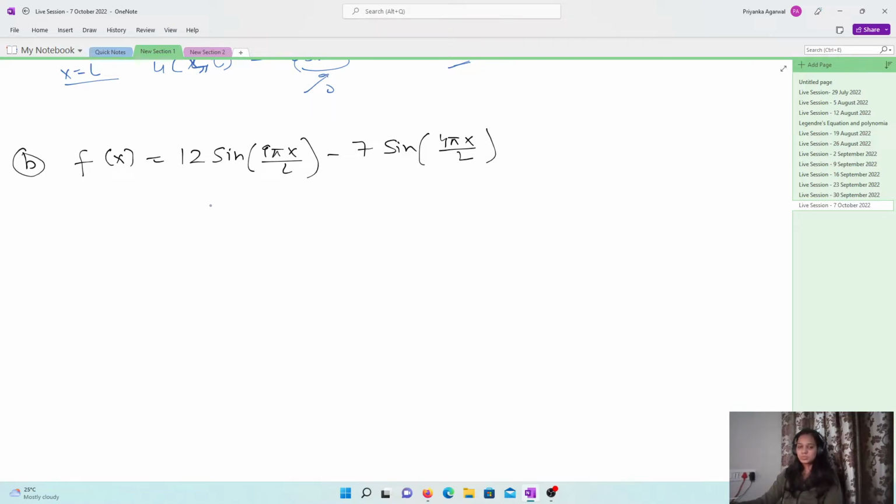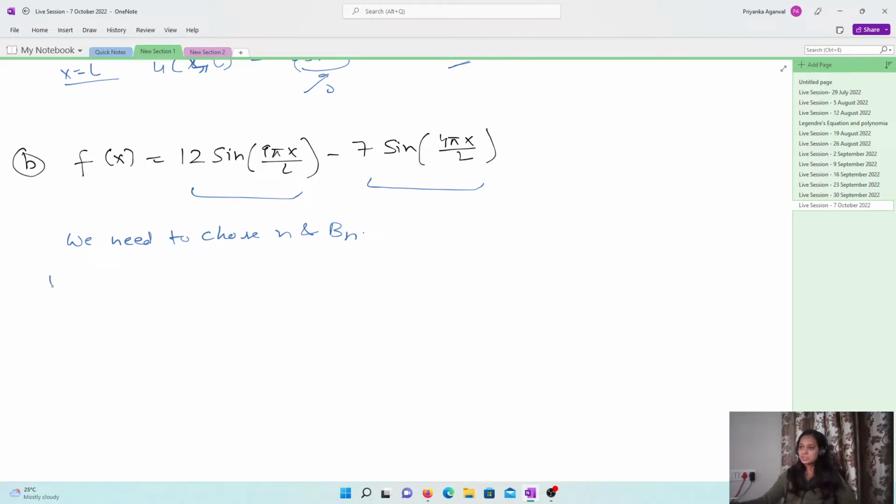But this is also almost as simple as the first part, and we just use the principle of superposition: if we have two solutions to a linear homogeneous differential equation, this is solution 1 and this is solution 2, then their sum is also a solution. So what we need to do is choose n and bn as we did in the first part, to get a solution that satisfies everything, right?